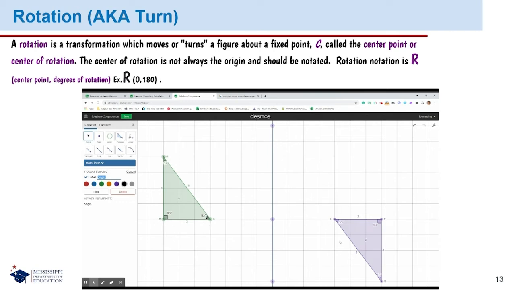Line segment FD is congruent to line segment CA. And line segment ED is congruent to line segment BA. So even though I rotated my figure, it is still congruent, which proves that a rotation is a rigid transformation.